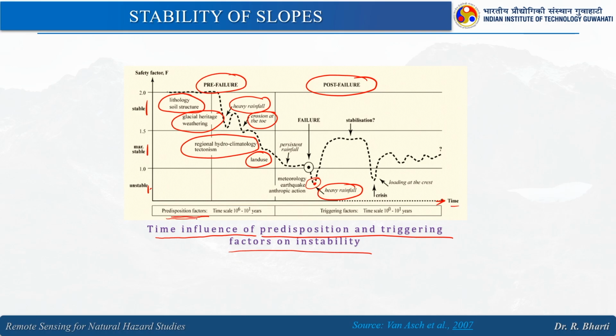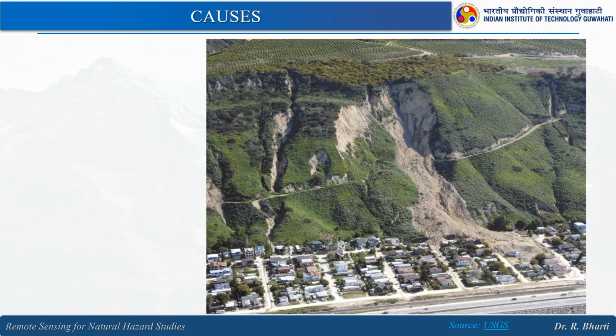So, for the predisposition factor the time scale is given, and for the triggering factor you have a time scale, right. So, let us see, I have a few images so that you will understand the scale of the disaster when we are talking about the landslide and different causes, how they are playing a role in triggering this landslide.